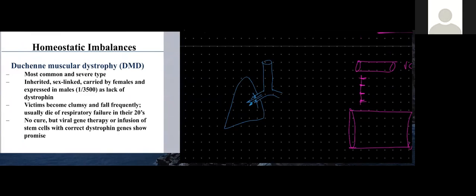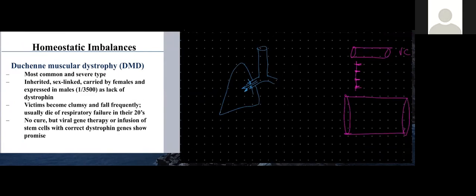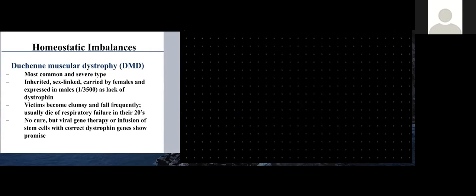We stopped at this point last time, if you remember. Today we are starting our discussion with the homeostatic imbalances that are related to the muscular system. The first one that we're looking at today is Duchenne muscular dystrophy. It is one of the most common and severe types of muscular disorders. It's a genetic problem.